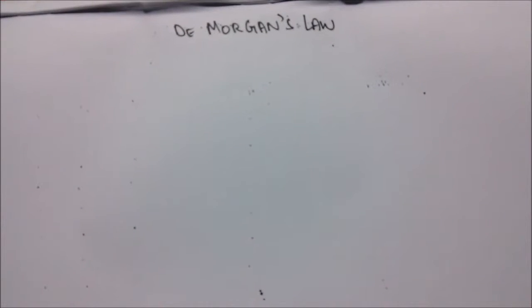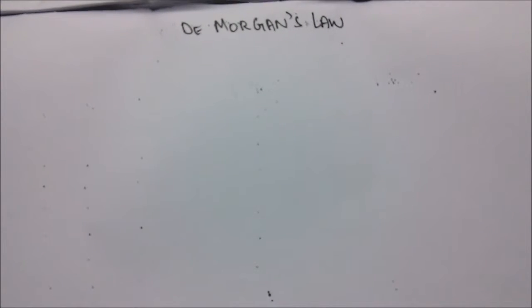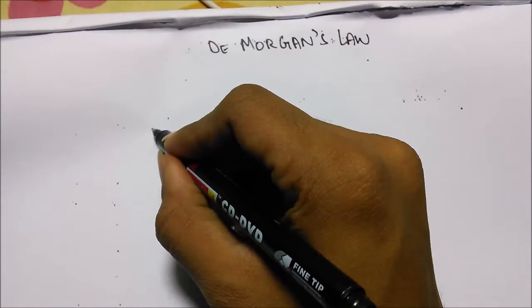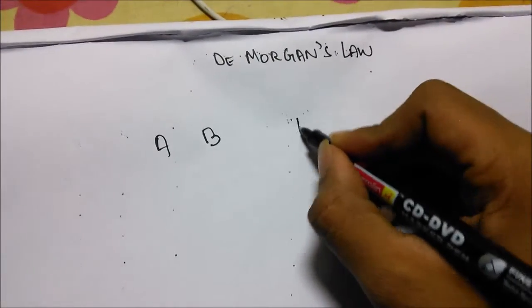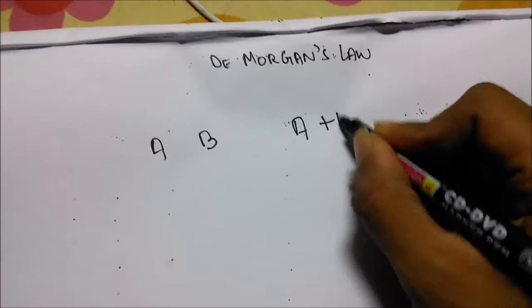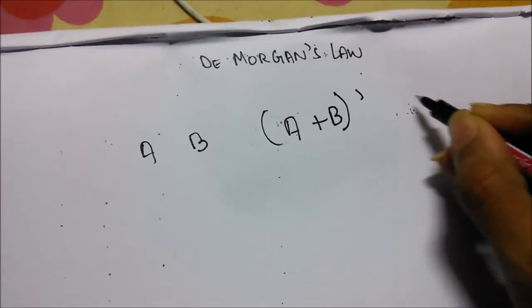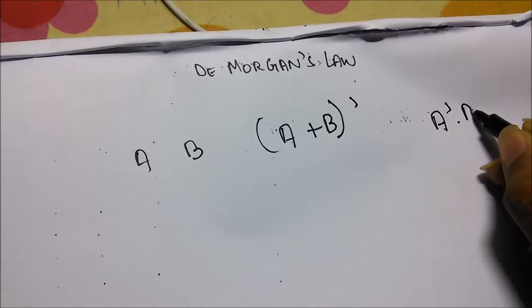In the next part of the question, we have to prove De Morgan's law using the truth table. So here I am going to fill out the inputs, and De Morgan's law states that a plus b the whole complement is equal to a complement dot b complement.